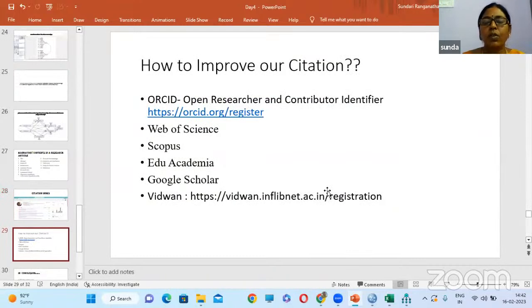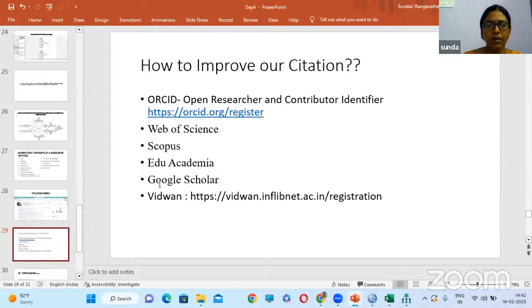Write good quality articles and upload them for public reference, for others' reference. You can upload them in ORCID, Web of Science, Scopus, Academia.edu, Google Scholar. These are the sources where you can upload your article so that it will get cited by others.